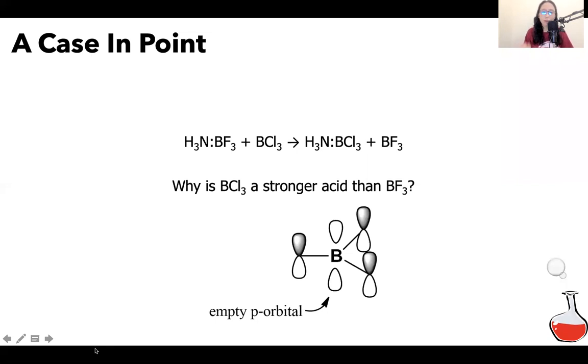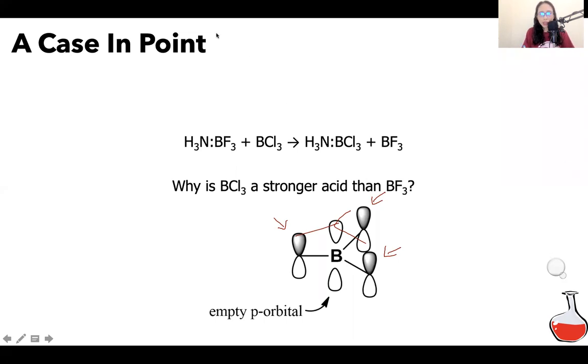What's actually happening is that your boron again has an empty 2p orbital. Meanwhile, the 2p orbitals of your fluorine atoms are occupied by electrons. By symmetry, the electrons from the 2p orbitals of your fluorine, these three, can actually delocalize, and this delocalization will involve the empty p orbital of your central boron atom.